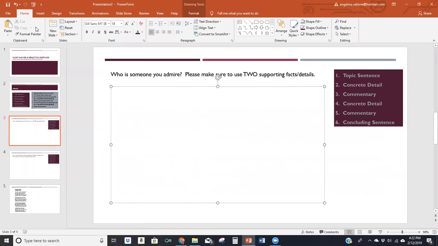So: someone I admire greatly is my son, Connor John, because... I'm going to give some what they call limiting factors. In my topic sentence, I'm actually going to state my 2 big reasons, and then I'm going to use my concrete detail and commentaries to highlight them a little bit more.